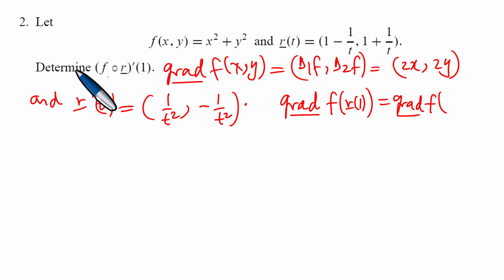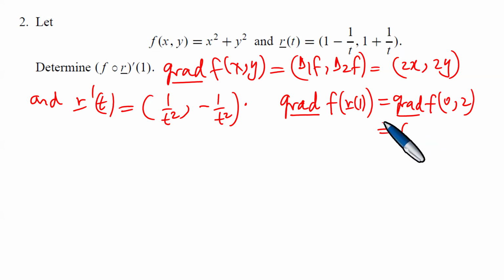Now remember that we need to compute this at 1. So we compute the gradient of f at r at 1. Now r at 1 would be the following: if you replace t by 1 in the r function, 1 minus 1 gives us 0, and t is 1 here, so 1 plus 1 is 2. And we have that.